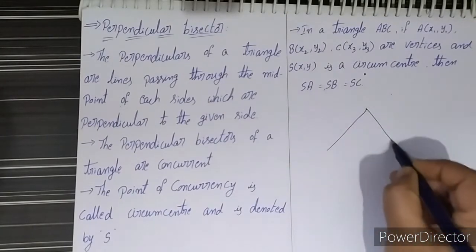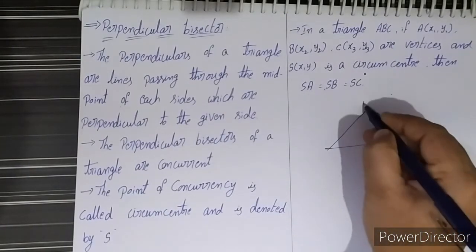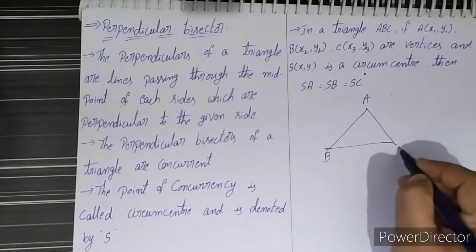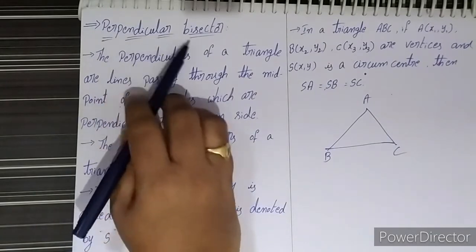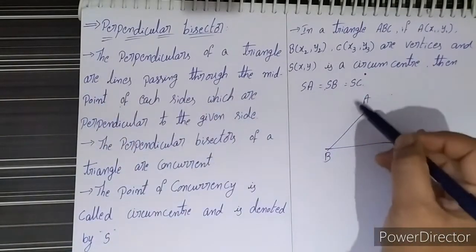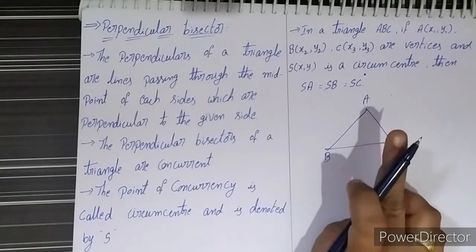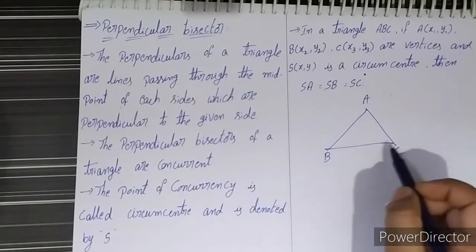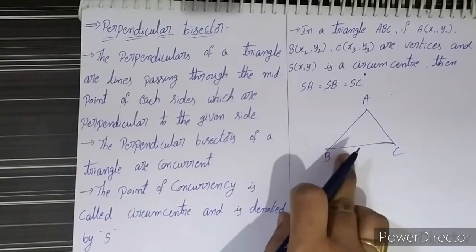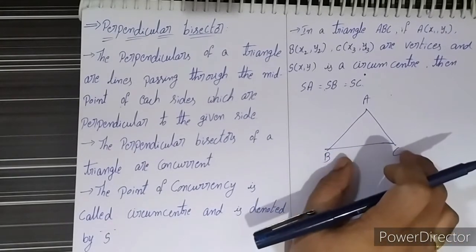That is, this is the triangle ABC. The perpendicular bisectors are drawn from the vertex to the opposite side, but this line is perpendicular to the opposite side and also passes through the midpoint of the opposite side.